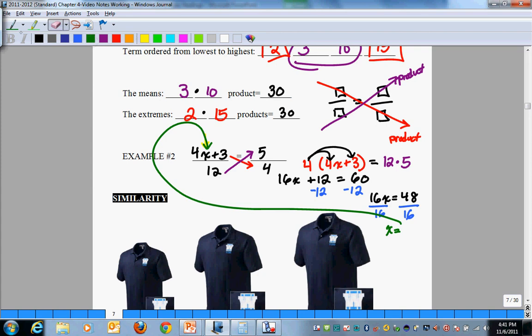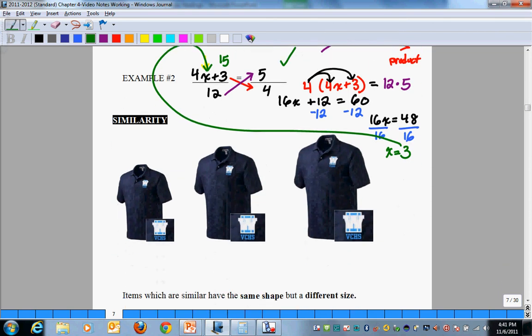So we're going to plug this 3 in here. 4 times 3 is 12. 12 plus 3 is 15. So we have 15 over 12. 3 goes into the top 5 times, and 3 goes into the bottom 4 times. So check. Now it's a true proportion.